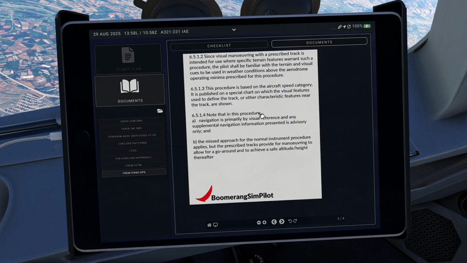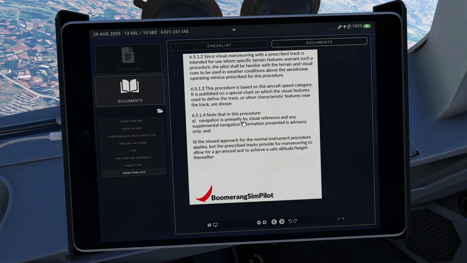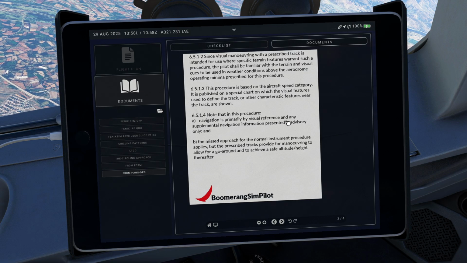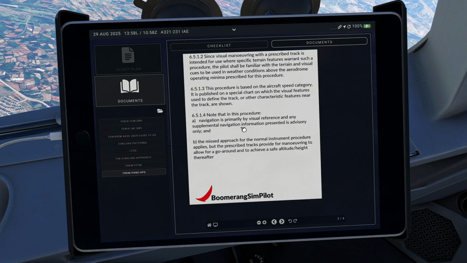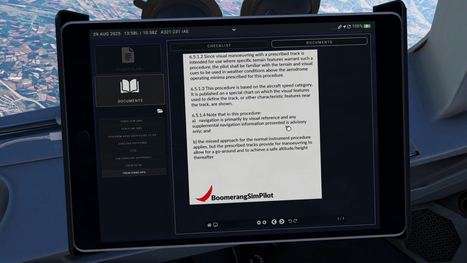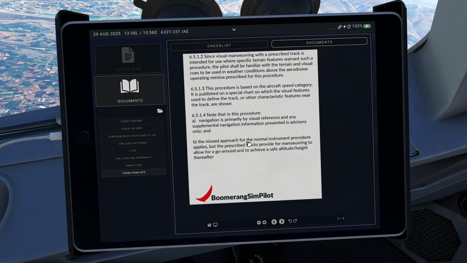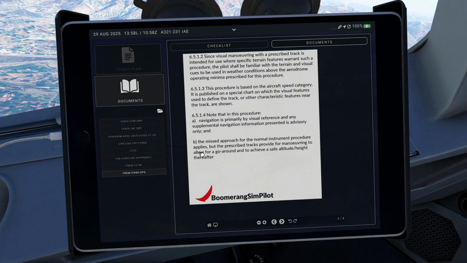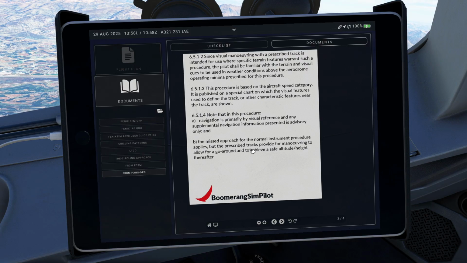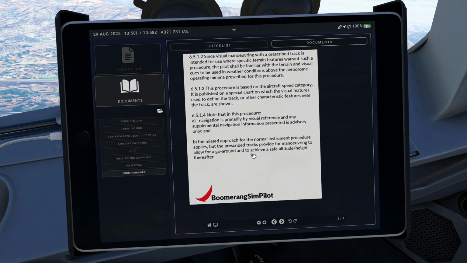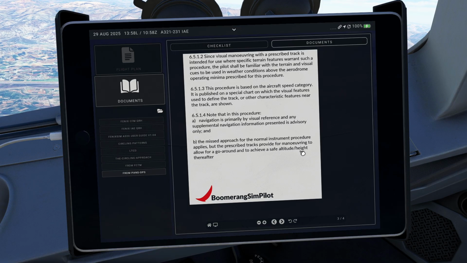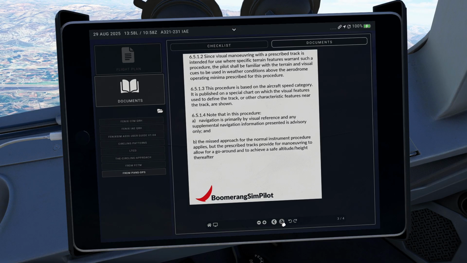Note that in this procedure, navigation is primarily by visual reference, and any supplemental navigation information presented is advisory only, and the missed approach for the normal instrument procedure applies, but the prescribed track provides for maneuvering to allow for a go-around and to achieve a safe altitude or height thereafter.